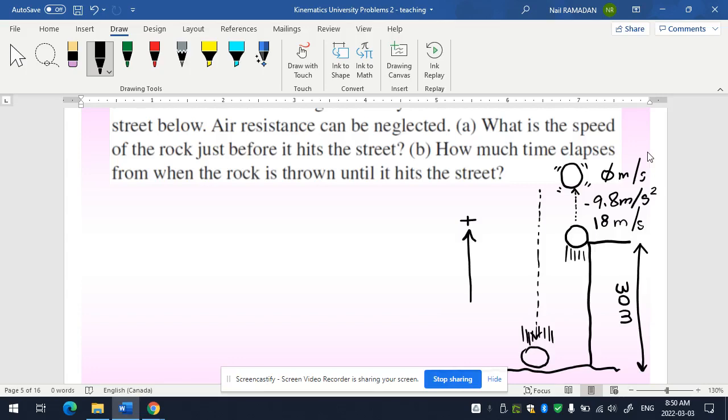When something slows down, is it accelerating or decelerating? Decelerating means negative acceleration. That's one way. The other way is I said anything pointing up is positive. You just said that acceleration is pointing down. So that's another proof that it's negative. So you could have it as a physical argument or as a vector argument.